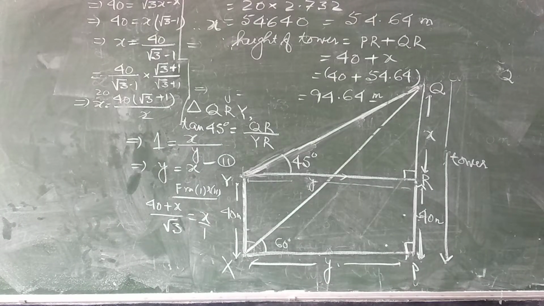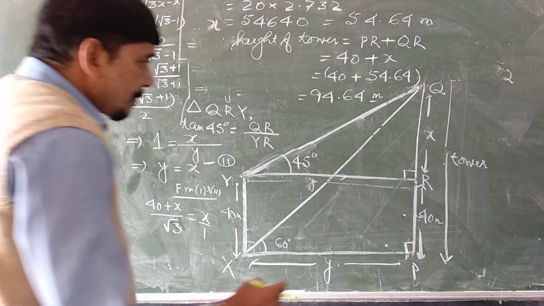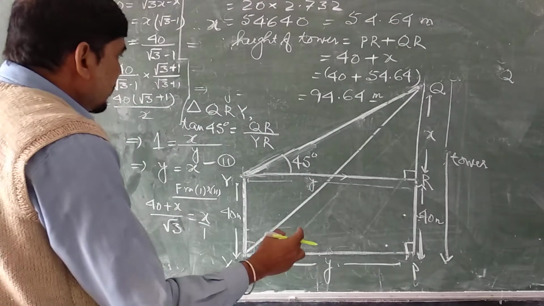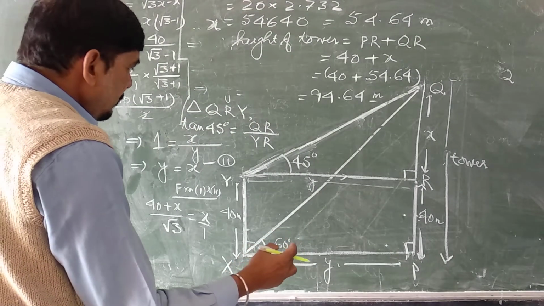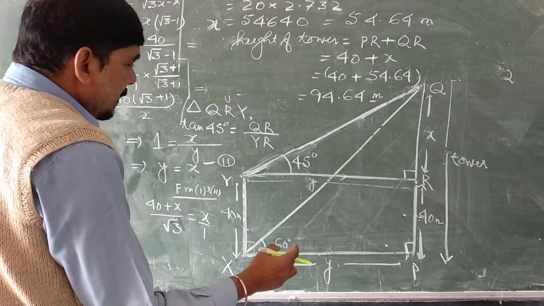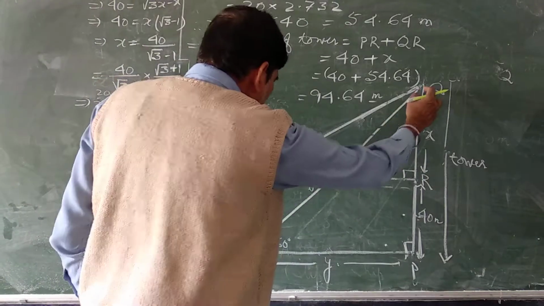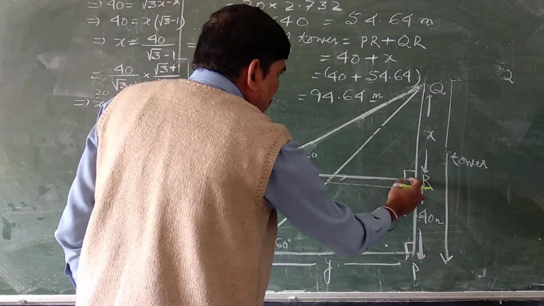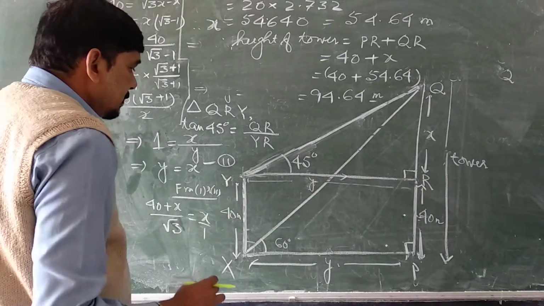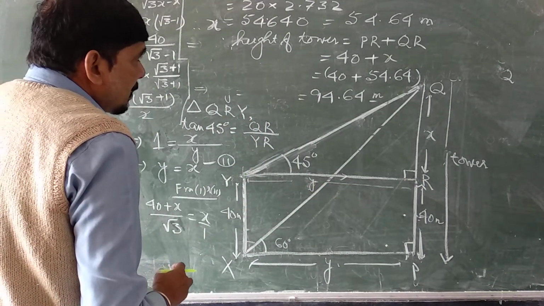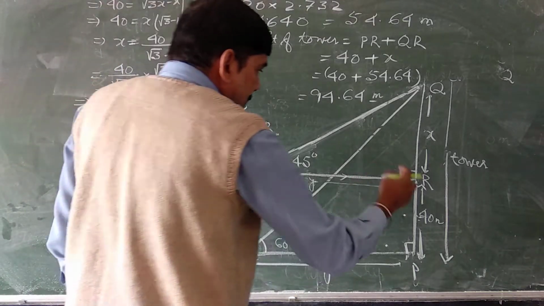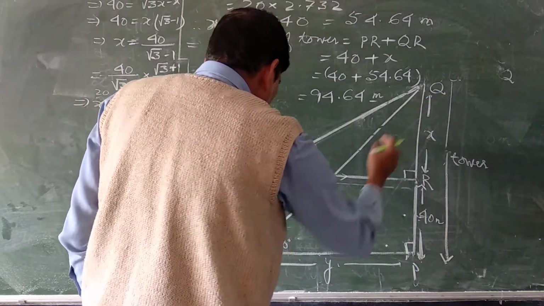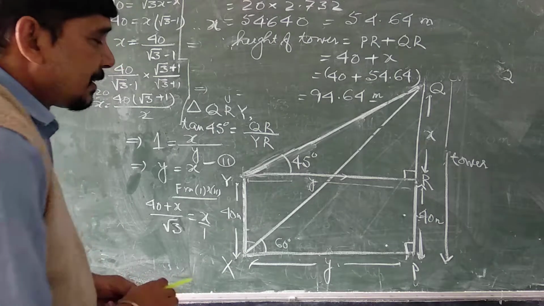Now there are two right triangles. One is triangle QRY, and another is triangle PQX.